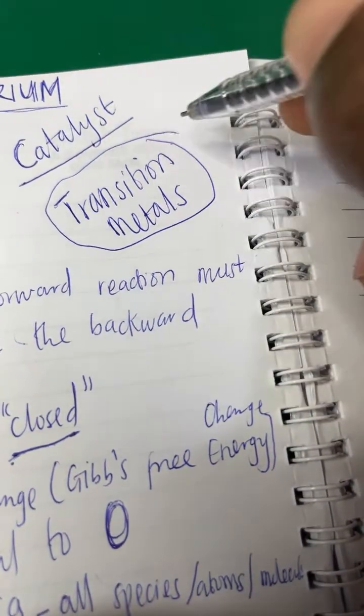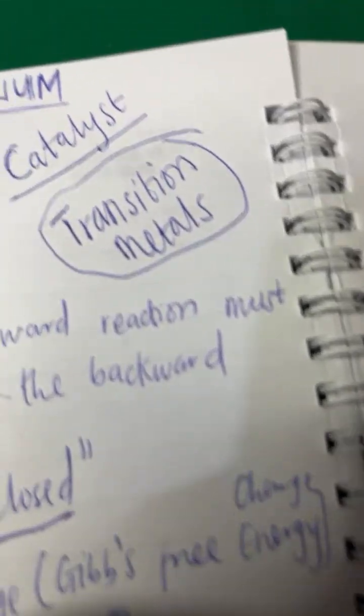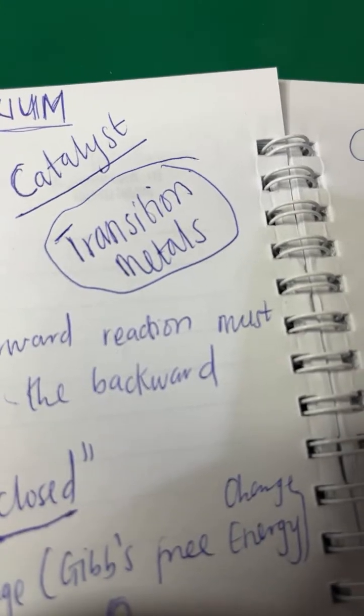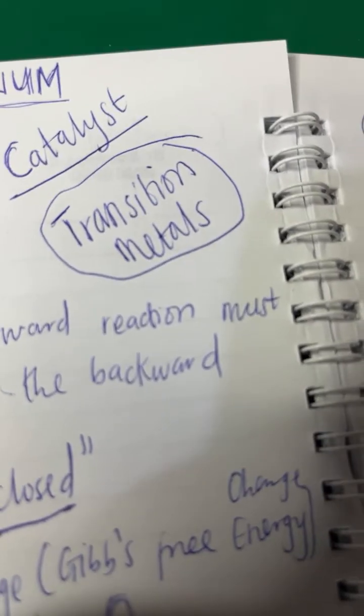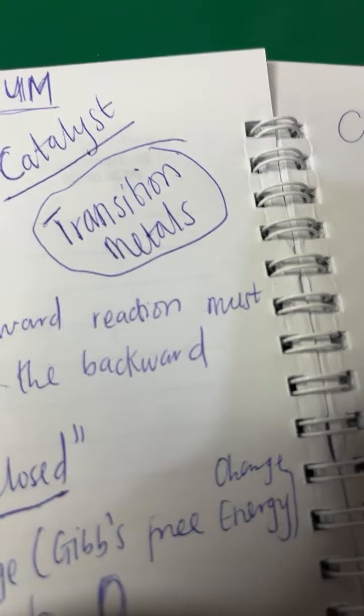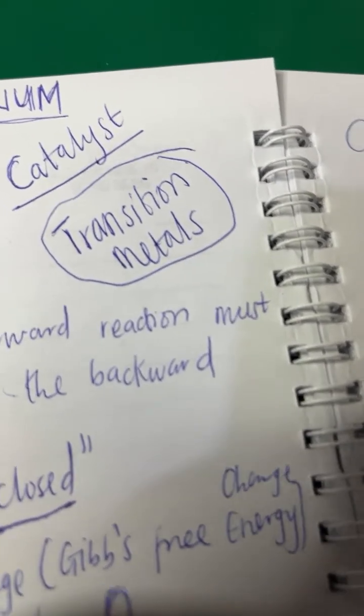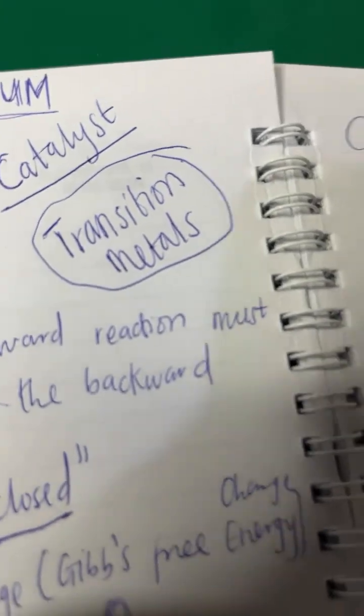You have chromium, you have vanadium, you have manganese, and many others. So many transition metals usually act as catalysts, right? Even iron itself works as a catalyst. You understand?